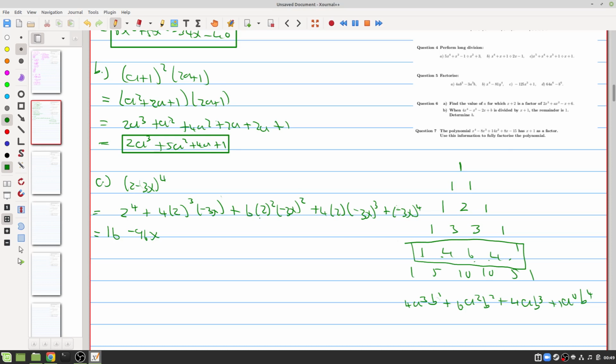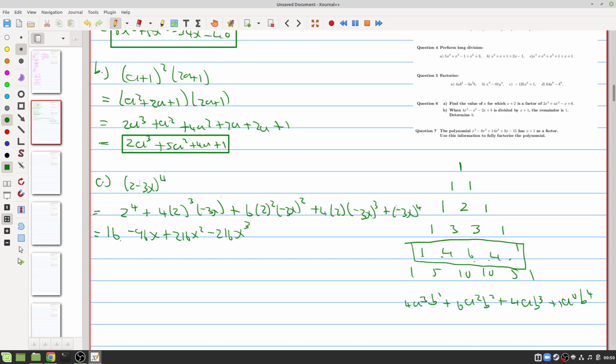So 9 times 24, that gives us 216x to the power 2, right? x squared. Then, so negative 3 to the power 3 is negative 27 times 4 is negative 108 times 2 is negative 216x to the power 3.